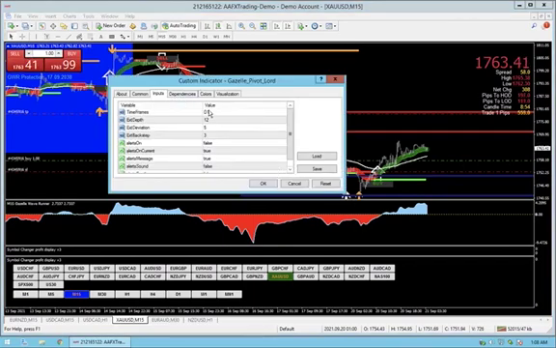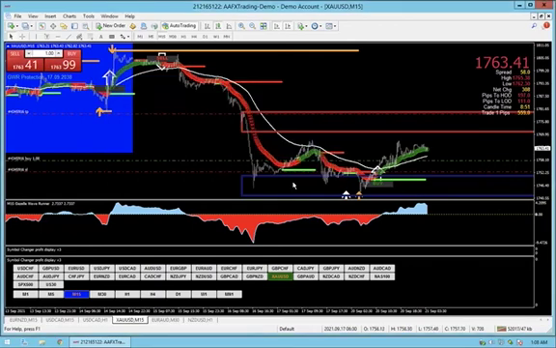Daily and 4 hour. Now these green and red, these are simplicity, support and resistance. Oh, man, standard, and it's not lining up like yours.